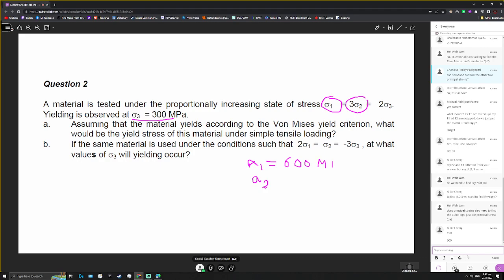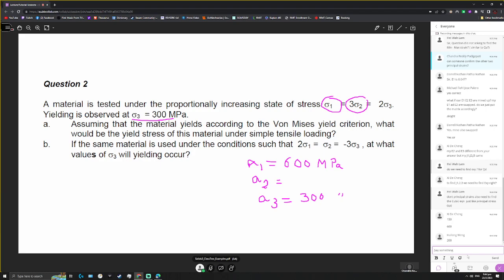Sigma 2 will be 2 sigma 3 over 3, or you can also write sigma 1 over 3. So what will be sigma 2? Anyone, guys, what is sigma 2? Yep, so 200 megapascals.